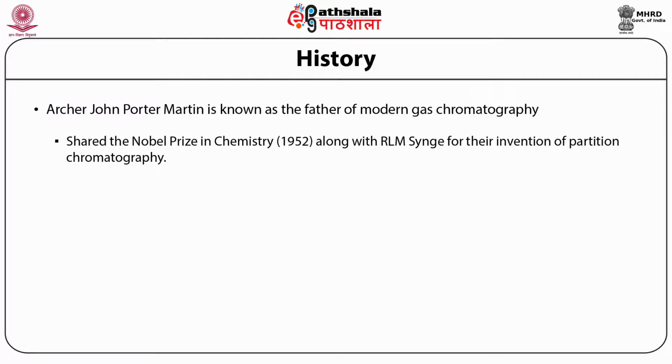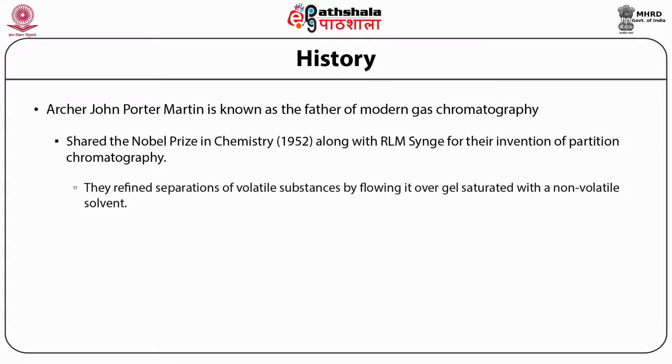They described liquid phase partition chromatography as refined separation of volatile substances by flowing them over a gel saturated with a non-volatile solvent. This was, however, different from gas adsorption chromatography and a step ahead of liquid-liquid chromatography.